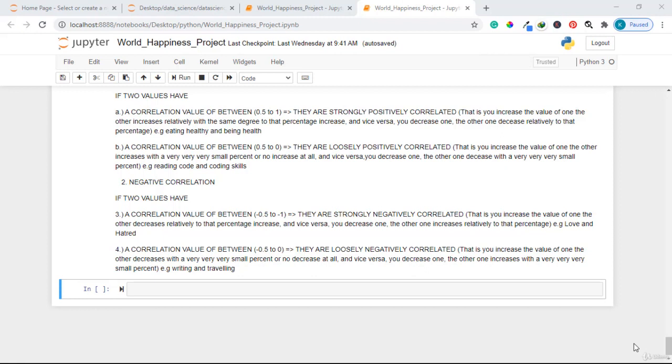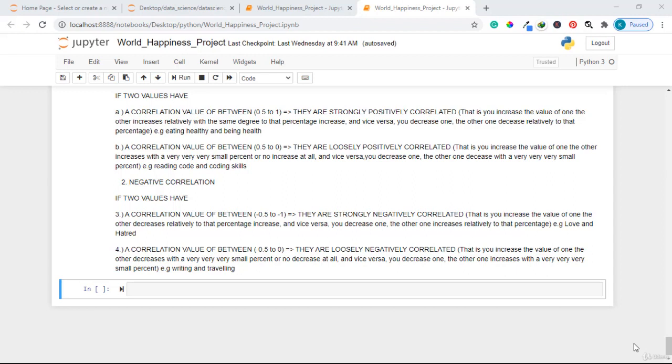So in this case, we need only to include those attributes which are strongly positively or strongly negatively correlated to the score attribute. And so as we have seen, strongly positively correlated values have a value of 0.5 to 1, and strongly negatively correlated values have a value of negative 0.5 to negative 1.